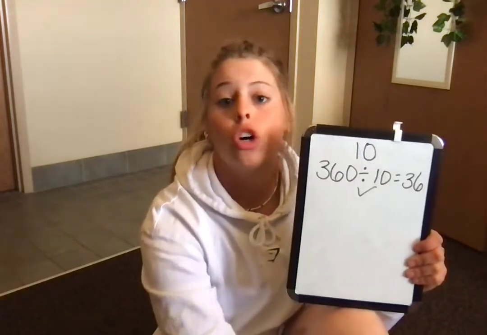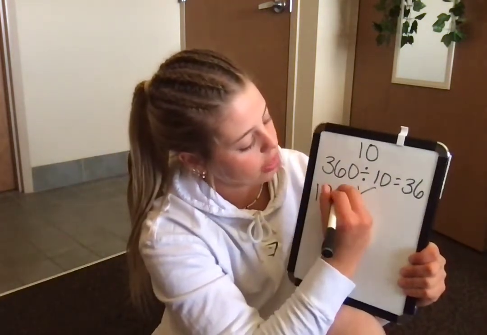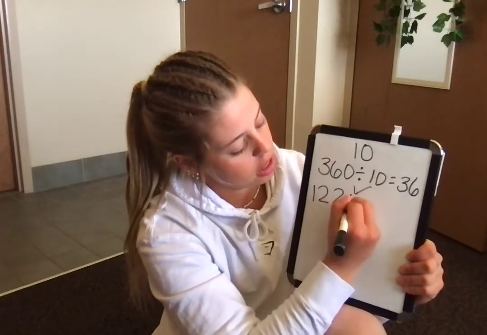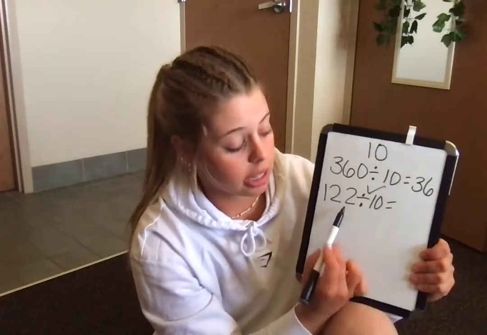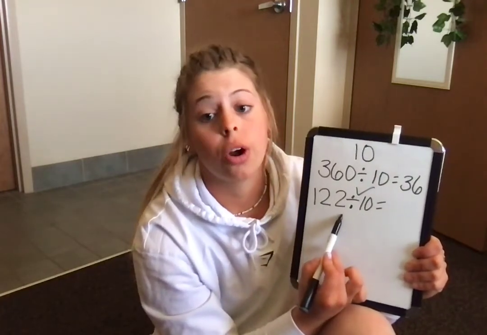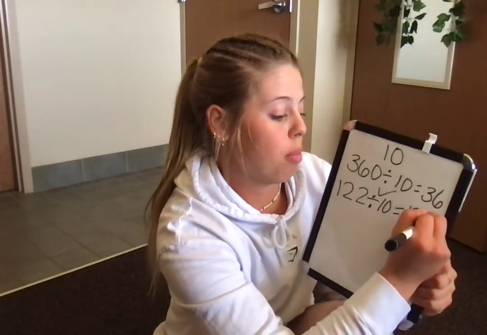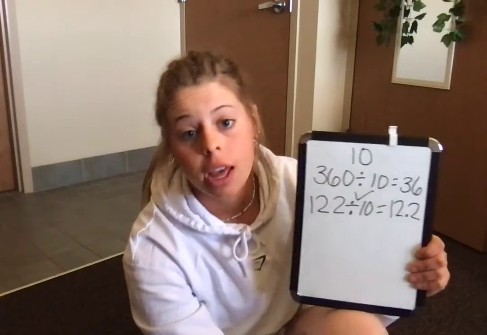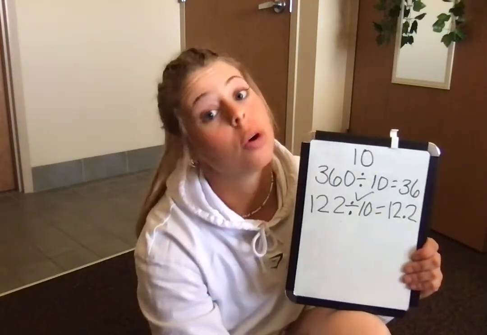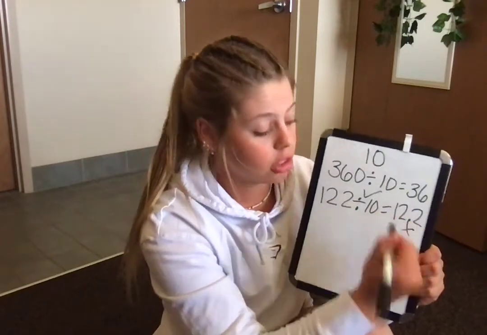And if we chose 122, let's go with that, divided by 10. Now, while it is an even number, it's not a 0, so it does not go into it. We'd get 12.2. And as we all know by now, or we should know by now, a decimal is not a whole number, so it does not check out.